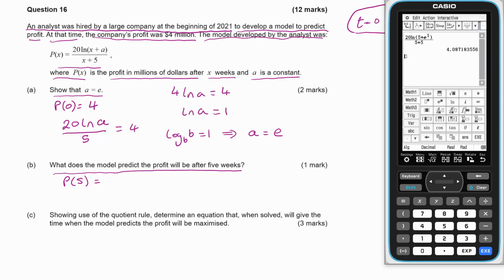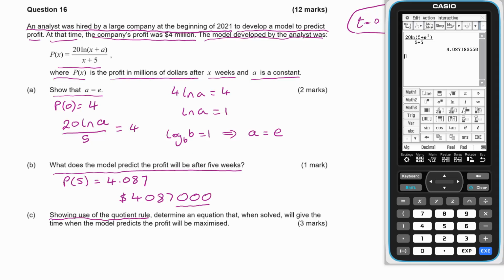So that gives me 4.087. And remember, this is in millions, so we can say 4,087,000. We could use more of the decimal places, but I don't think there's any need to. This is accurate enough.